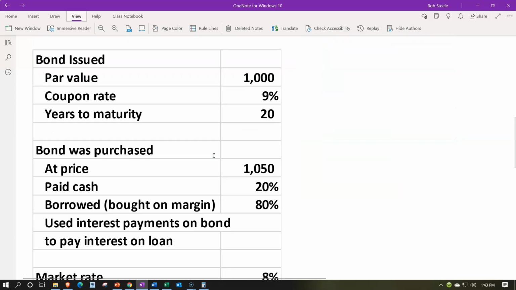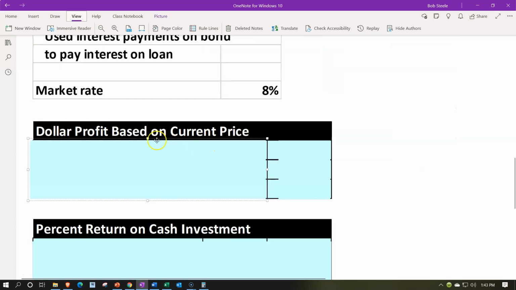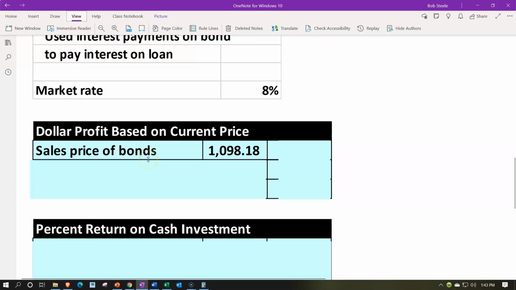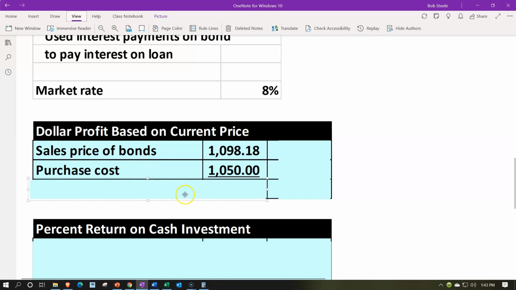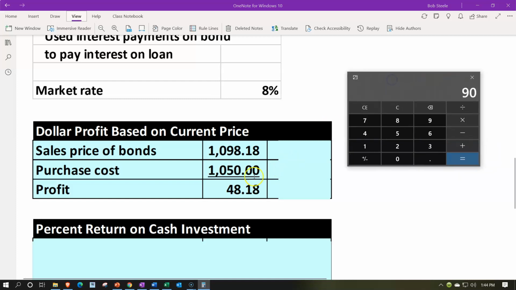There's a gain there. So if we actually sold it, it would look something like this. We got the sales price of the 1,098.18 compared to what we bought it for, 1,050. That would be a gain of the 48.18. However, we didn't actually pay the $1,050 for it, you'll recall. That's what we bought it for, but we bought it in part with a leveraged amount, a loan of 80% of it.